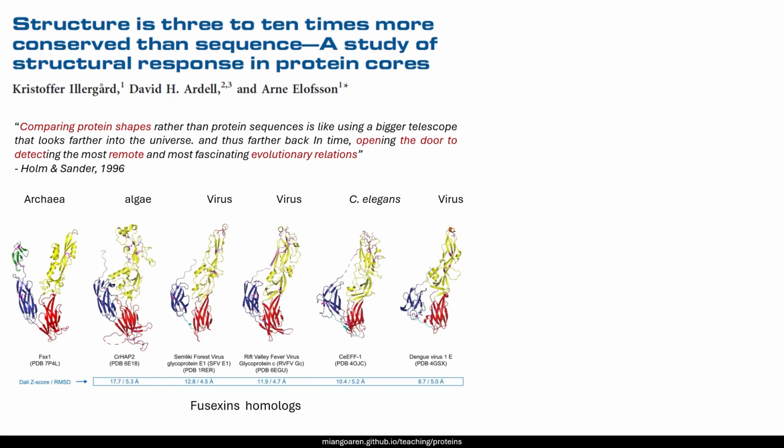And then in this particular research, the title is quite declarative of the conclusions, which is that the structure of a protein becomes between 3 to 10 times more conserved than a sequence.